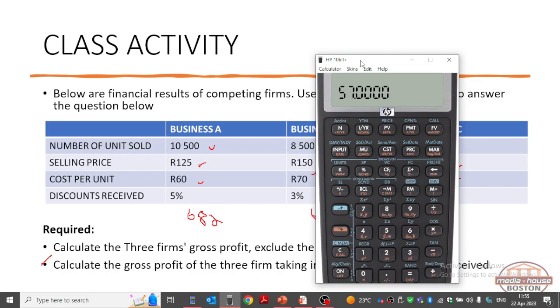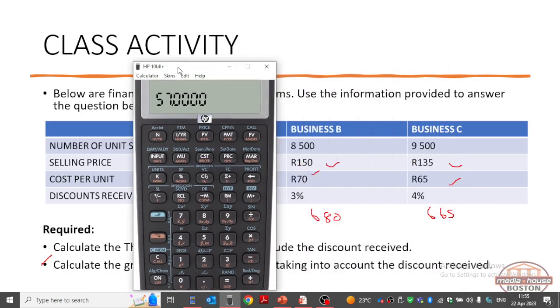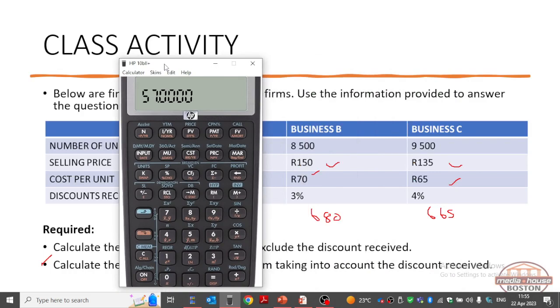So the cost per unit of purchasing after the discount is received, we will buy each unit for 57 Rand. The same applies to business B. If we're to subtract 3%, that means that we will be having 70 Rand, and this time we'll be buying it at 97% of that particular price because we are given a discount of 3%.